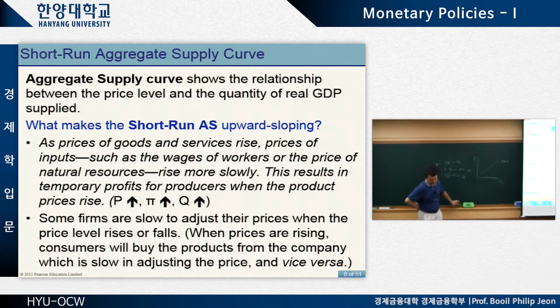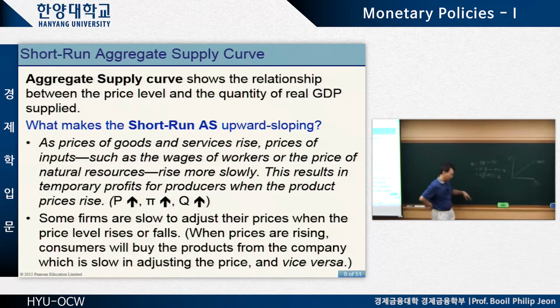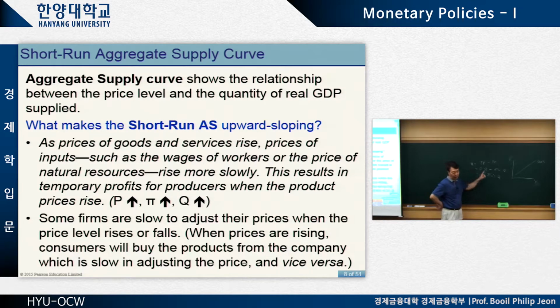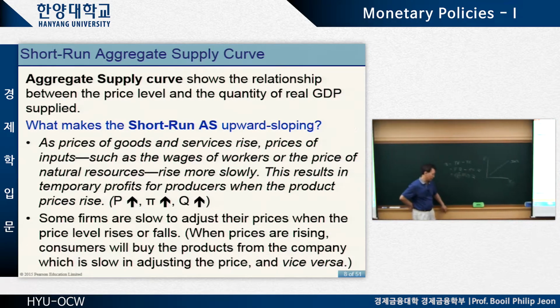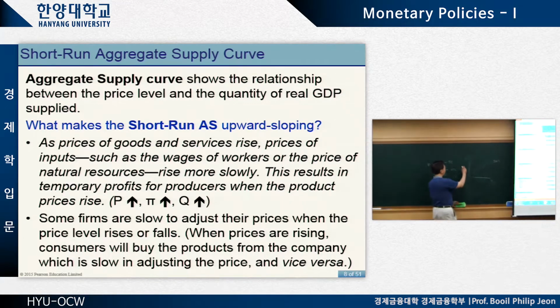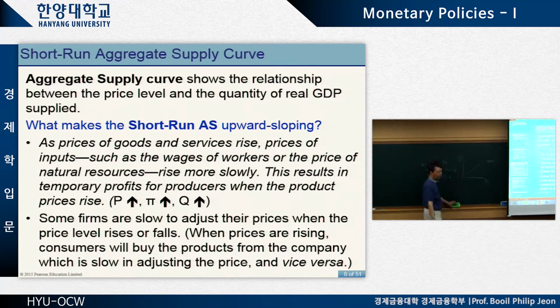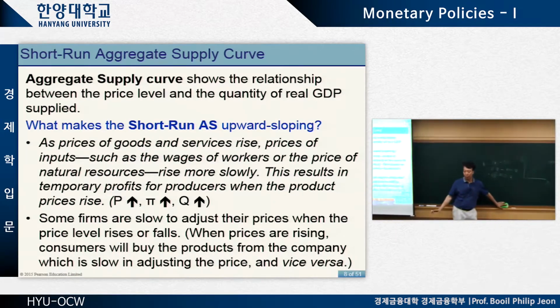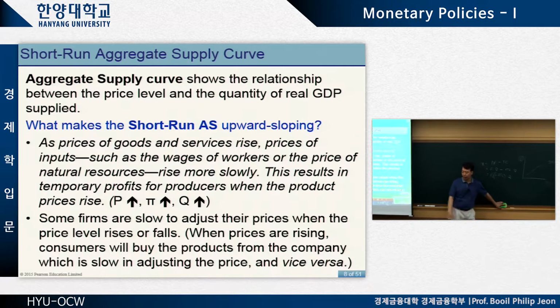Because in microeconomics, again, the key was the price of this particular product increases while the average cost of production remains the same. But in macroeconomy, we are talking about a price level, the price of overall goods and services.